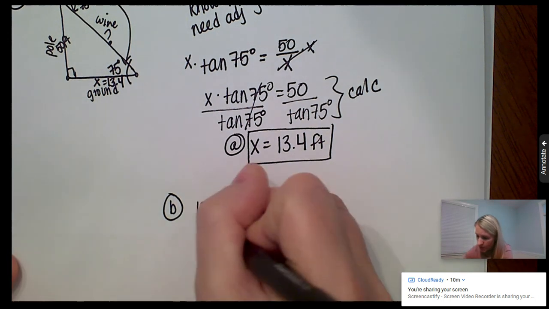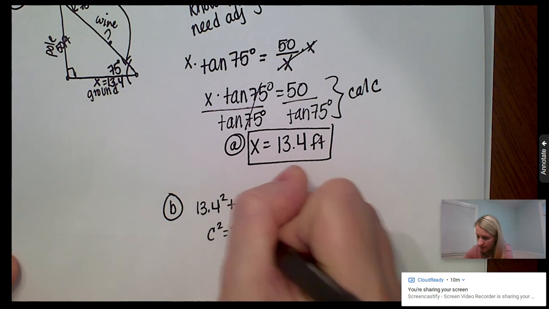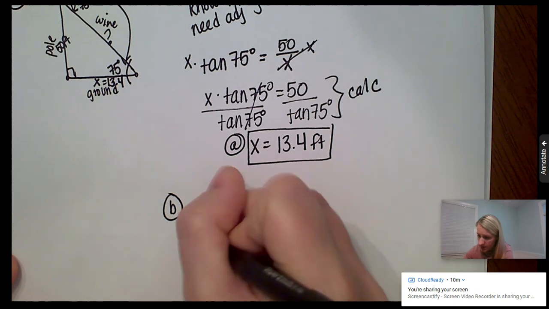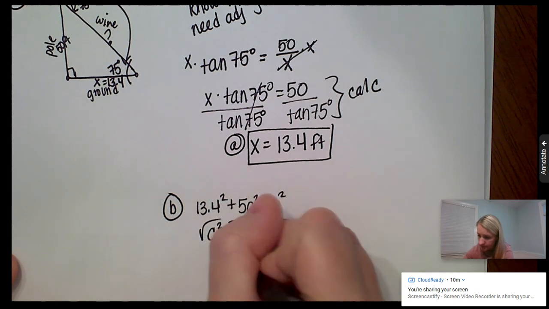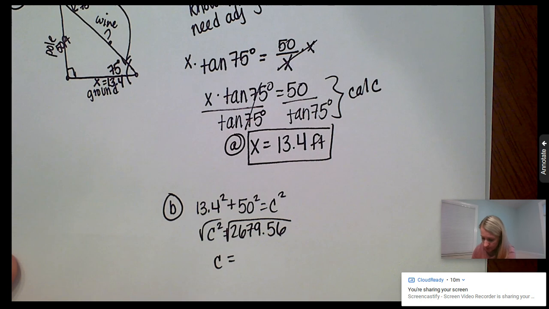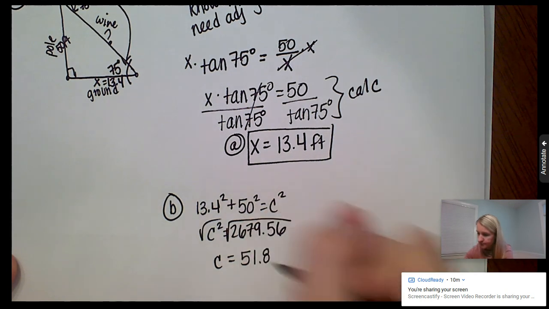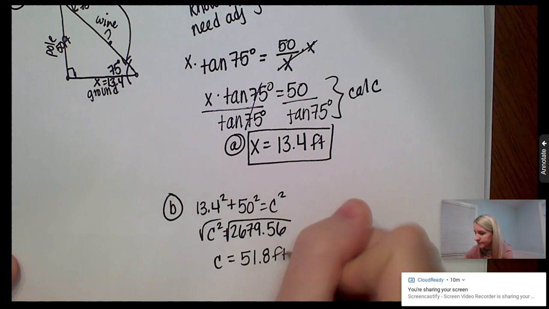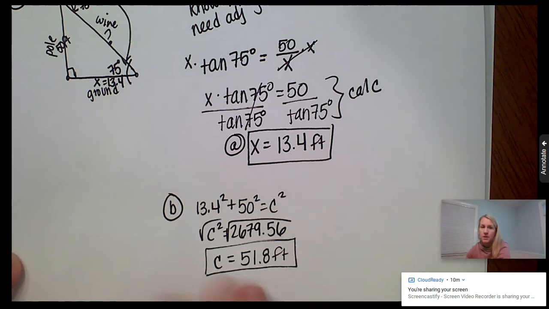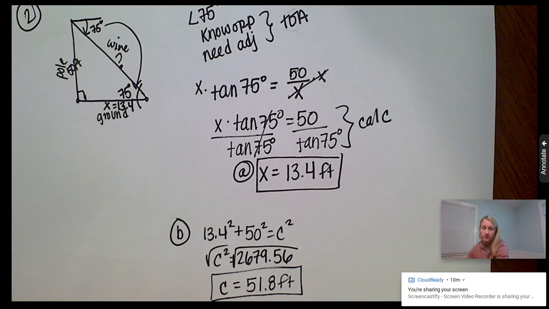So C squared came out to be 2679.56, and I'm taking the square root of each side. And the square root of that is 51.8-ish. There we go.